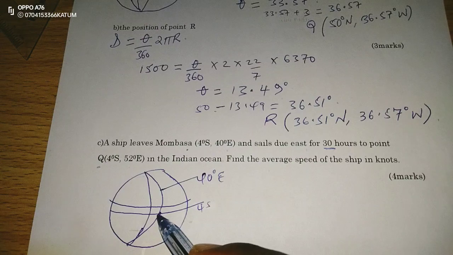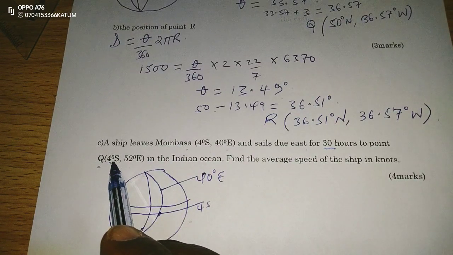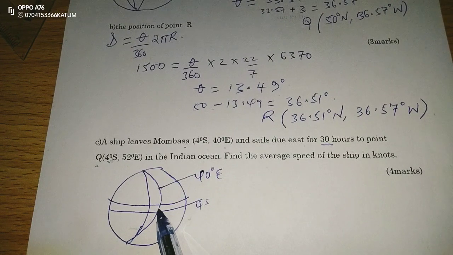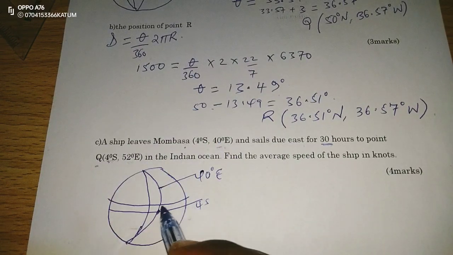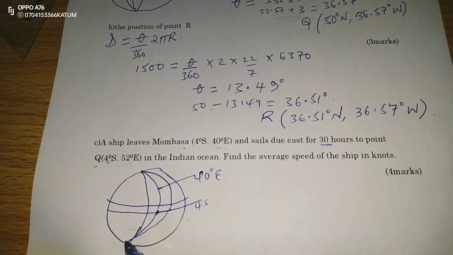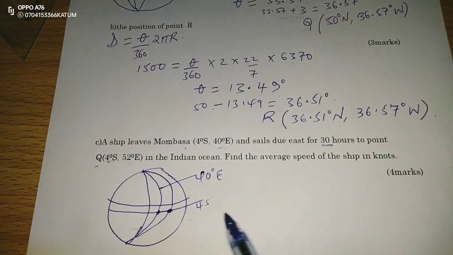Then we move to a point which is still 4 degrees south, which means we are not changing the latitude, but we move from 40 east to 52 east, further to the east. So we are moving along a small circle. The change in longitude is 12 degrees.